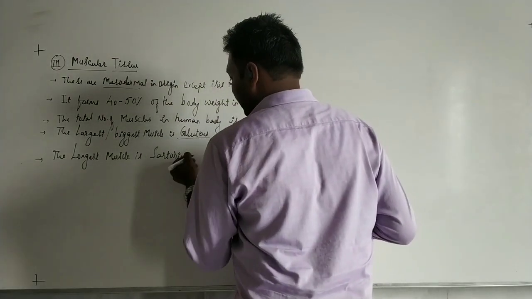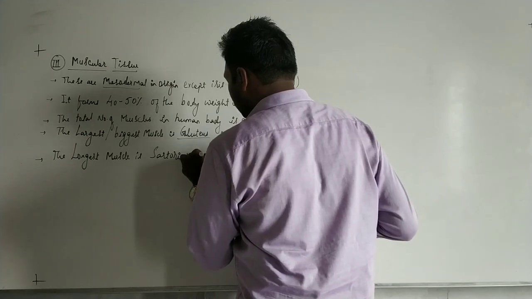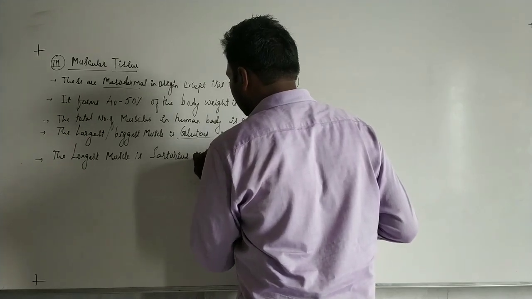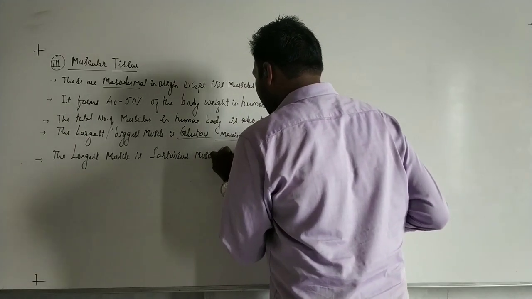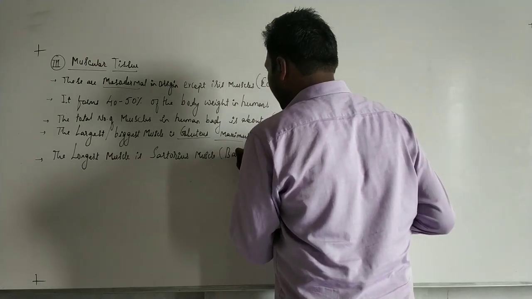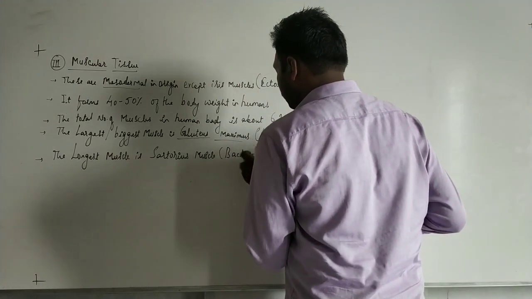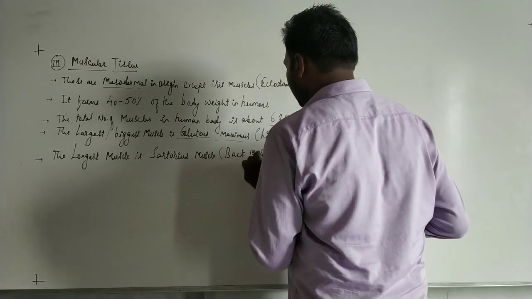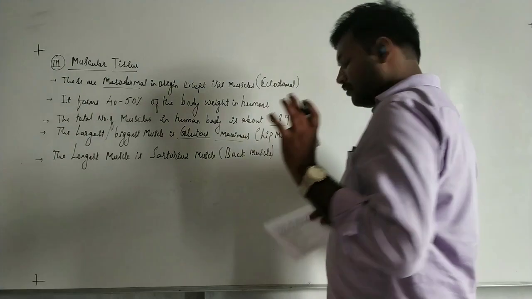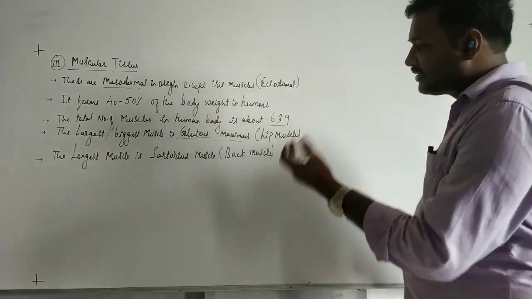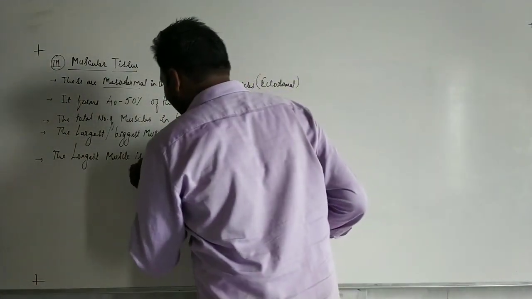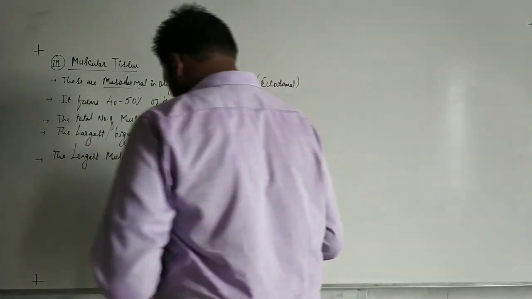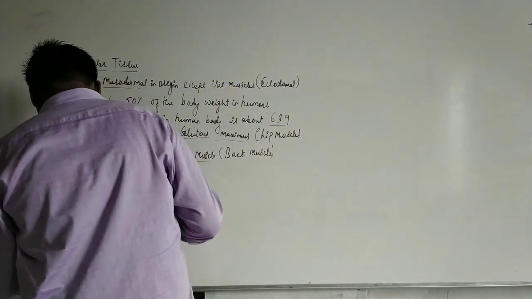Okay, sartorius muscle. That is the back muscle. So it is the back muscle which is referred to as the sartorius muscle and which is the longest muscle in the body.